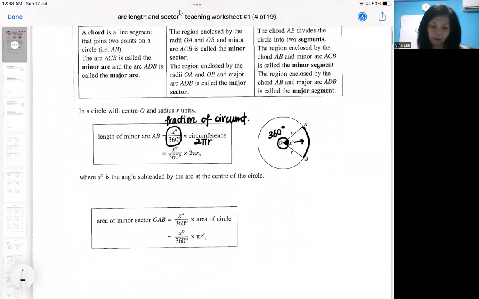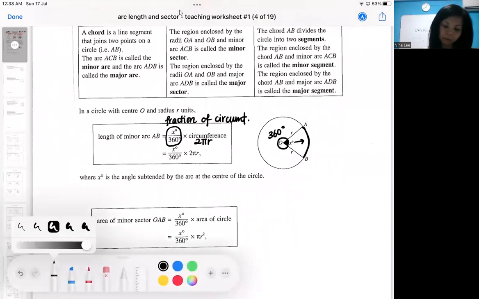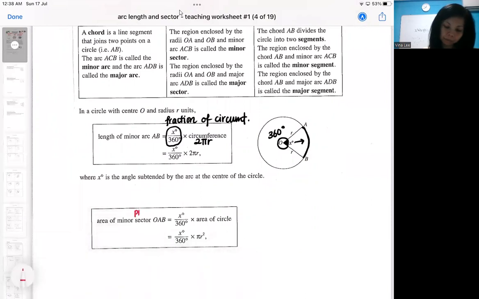Then for the sector, the pizza, again, the pizza is decided by the angle. If your angle is very huge, you're eating a huge slice of pizza. So you will visualize it as a fraction of a circle.